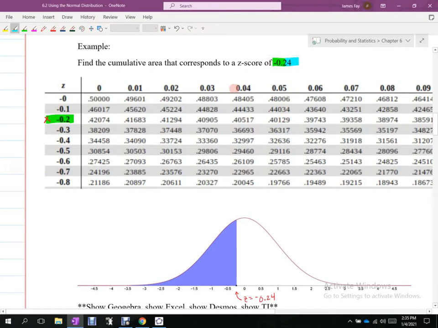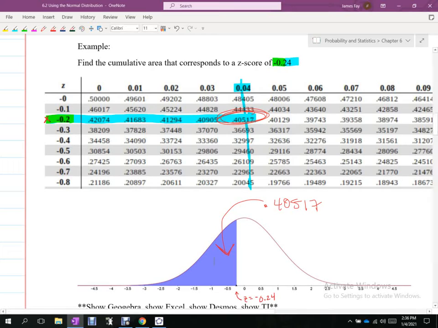So 0.04 would be the column I'm looking for. And now we just see where that row and that column intersect. And it's at that number right there, which in this case gives me 0.40517. So that is then that blue area, right? Is that okay with everybody?